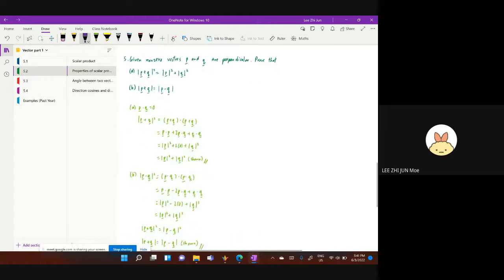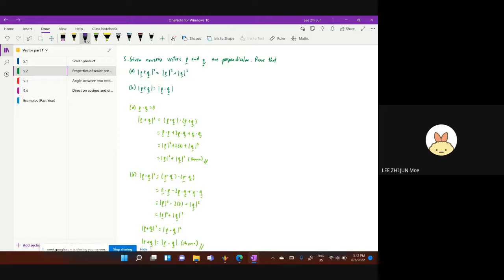And the last one, given non-zero vectors P and Q are perpendicular. So prove that, for part A, the magnitude of P plus Q squared equals P squared plus Q squared.